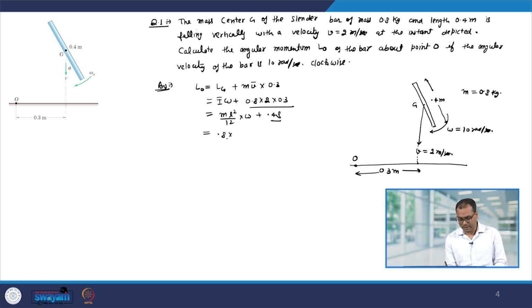Mass is 0.8, length is 0.4 into 0.4 multiplied by 10, which is omega, divided by 12 plus 0.48. So, this comes out to be 0.1067 plus 0.48, and this is equal to 0.587 kg meter square per second.